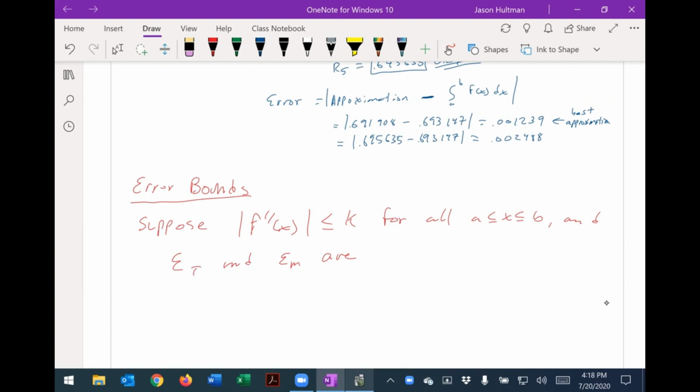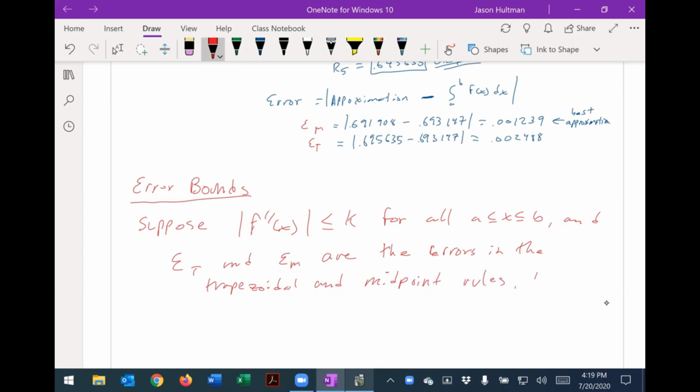E sub t and E sub m are the errors in the trapezoidal and midpoint rules, respectively.